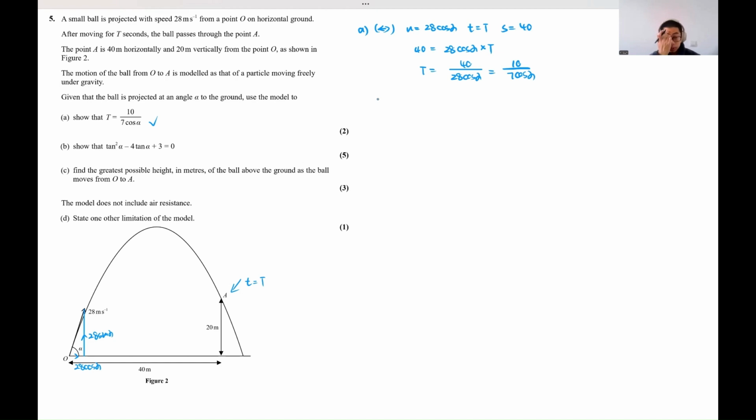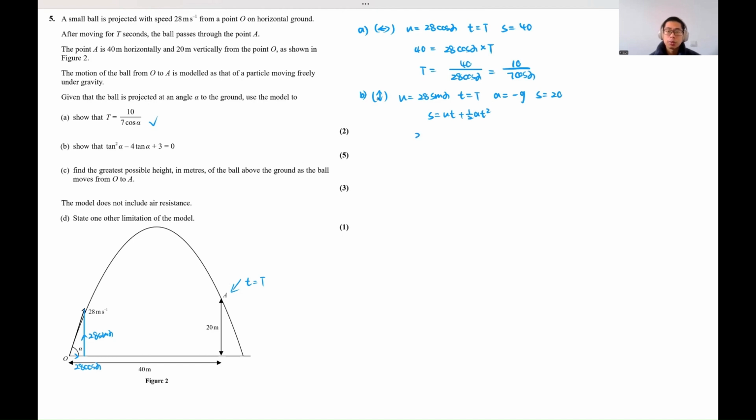And then part B, show that tan square alpha minus 4 tan alpha plus 3 equals 0. So now we should use the vertical direction. For the vertical direction, we have u is equal to 28 sine alpha, and then time is still capital T, and then this time we need to use acceleration, and since it's projected upwards, it's again the gravity, so a should be negative g, and as the displacement is equal to 20 meters, we should use s equal to ut plus half at squared.